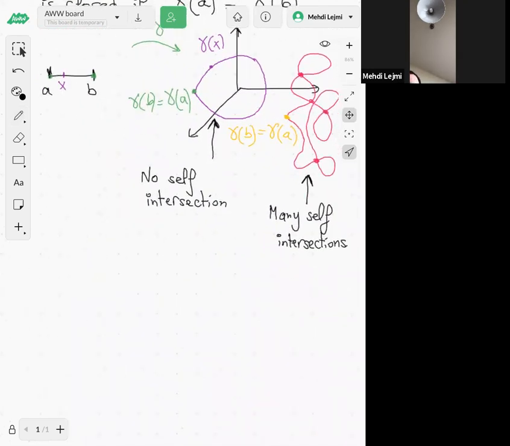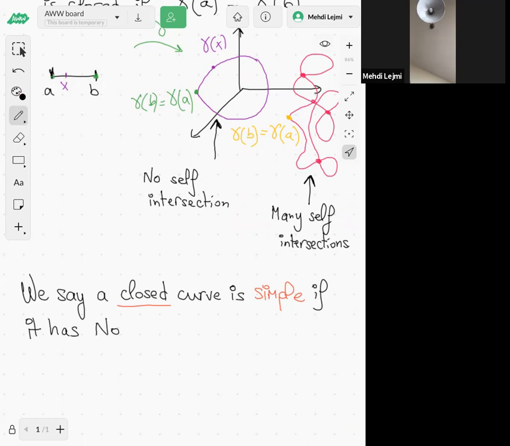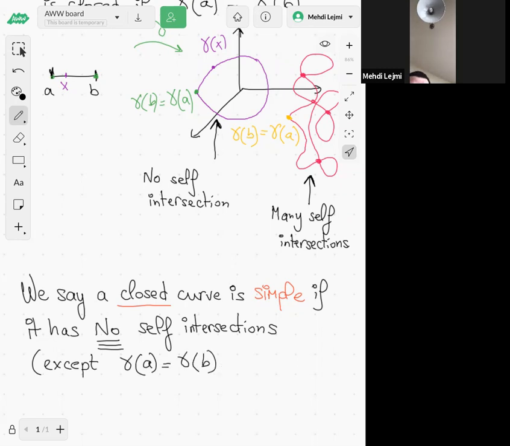So we say that a closed curve is simple if it has no self-intersections, except of course gamma of A equal to gamma of B. That's the only self-intersection in a simple closed curve. Okay, so that's when gamma of A is equal to gamma of B.